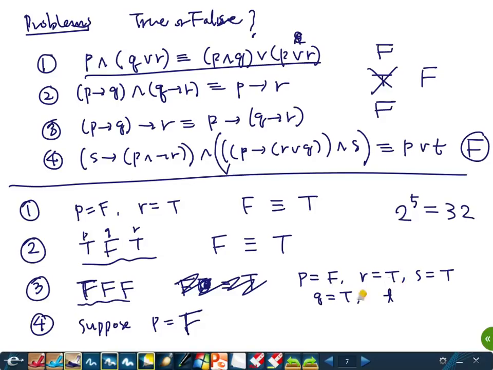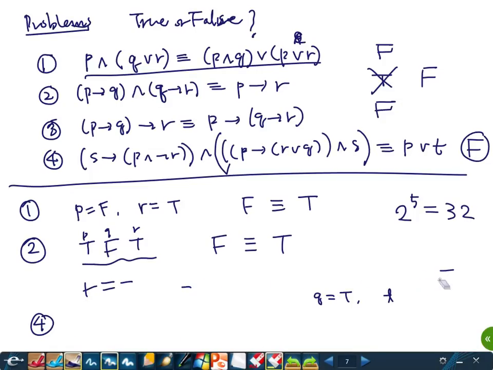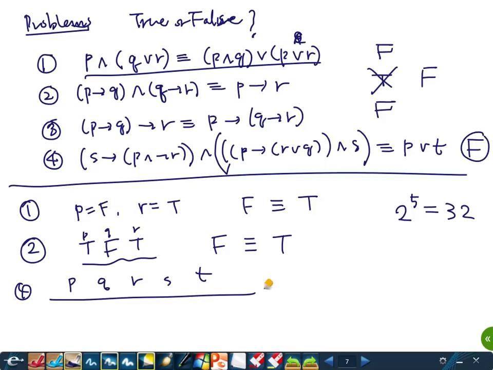Okay, I think I need more space. Okay, I want this to be in one line. So suppose that I made, let me erase this part. Suppose we want to create a truth table, P, Q, R, S, T. What I said is, this is the left-hand side, right-hand side.